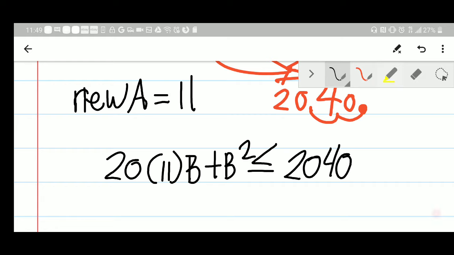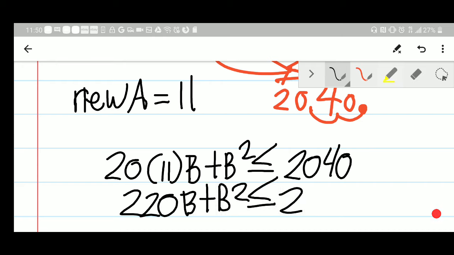Okay, so 10 times 11 is 110. Double it is 220. So this is 220b plus b squared less than or equal to 2040.